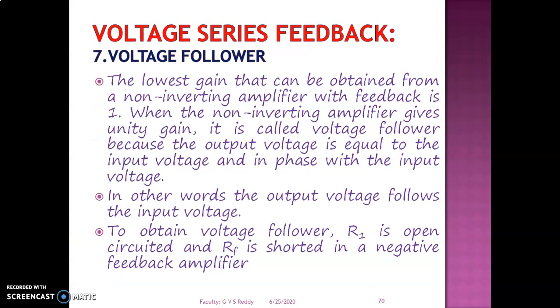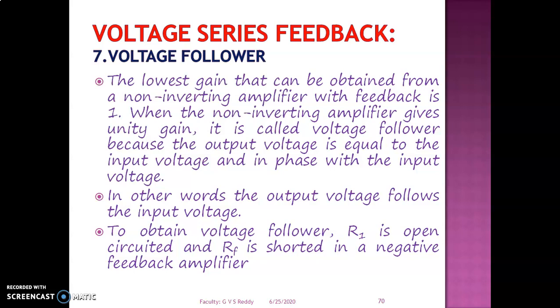The last one, voltage follower. The lowest gain that can be obtained from a non-inverting amplifier with feedback is 1. When the non-inverting amplifier gives unity gain, it is called voltage follower because the output voltage is equal to the input voltage and in phase with the input voltage.